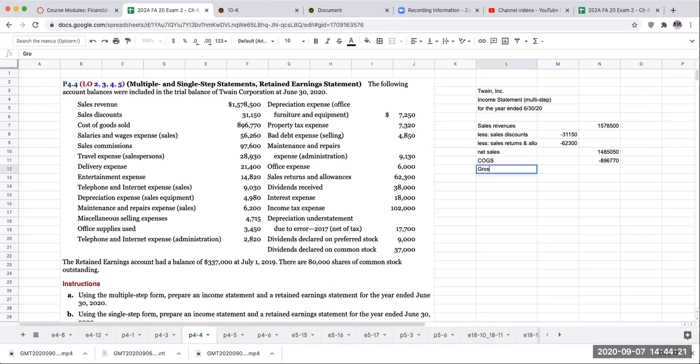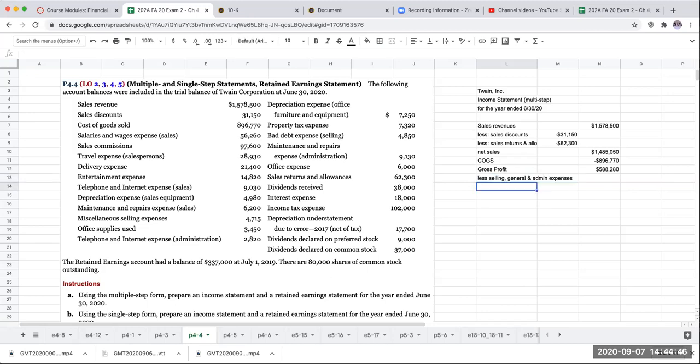And this is going to give me my gross profit. Okay. Once we've done this, the next thing I need to do is less selling, general, and administrative expenses.